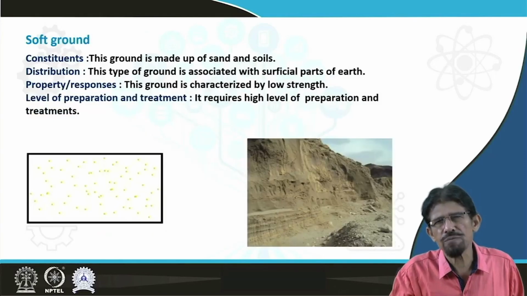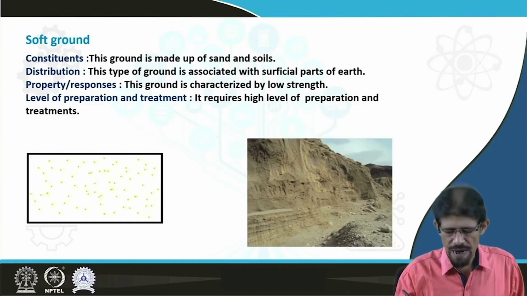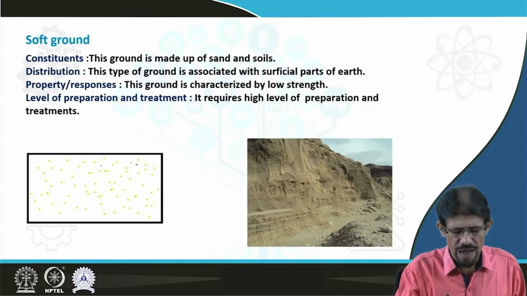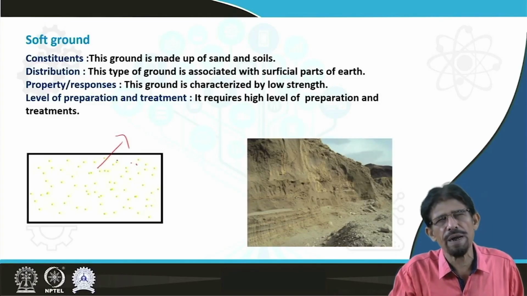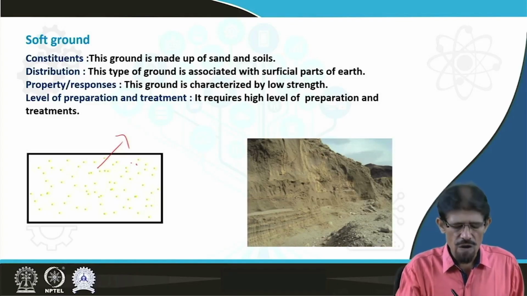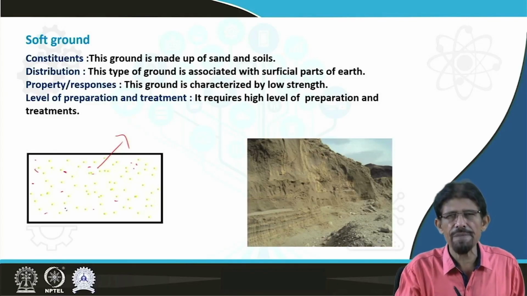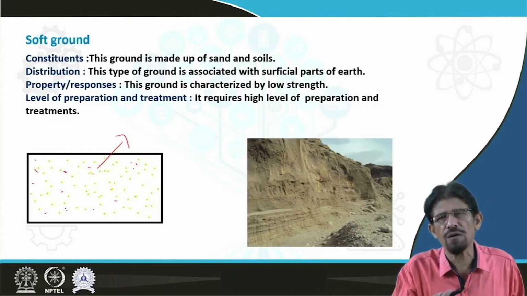Next type is soft ground, and that is a very interesting ground. In soft ground we consider ground made up of sand or soil. This ground purely comprises derived material due to weathering, transportation, erosion, abrasion and others.